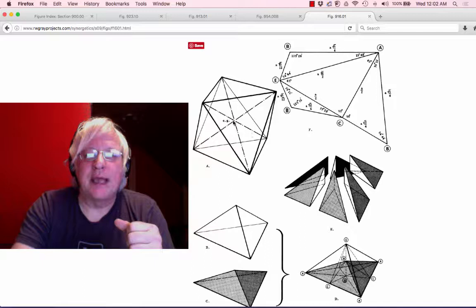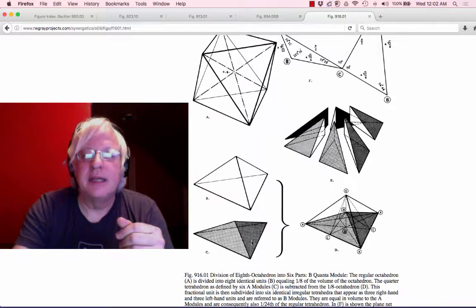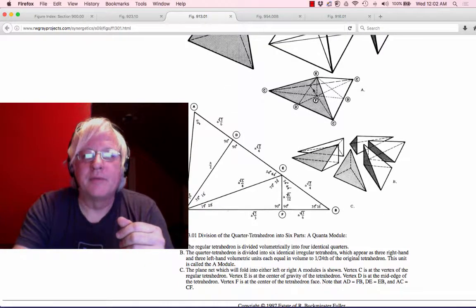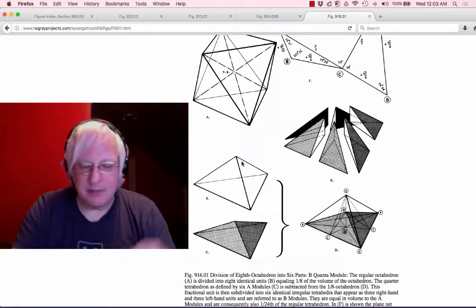Take one of the 8 octants of the regular octahedron of volume 4 and pull that out, and you get a section, 8 of these. However, each of those sections already has A modules in it. The shallower tetrahedron is the quadrant from the tetrahedron before. Same shape. So in subtracting the A modules from this larger region, we are left with the B modules.